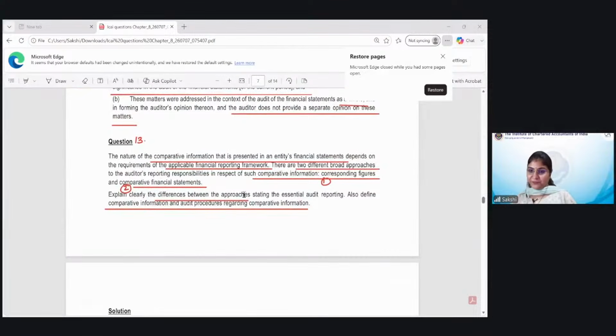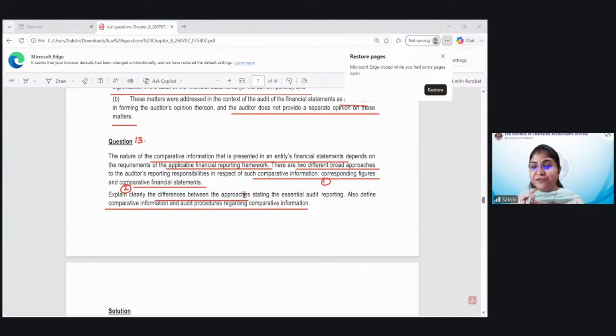Read the question. This question is with regard to your comparative information and corresponding figures. The nature of the comparative information that is presented in an entity's financial statement depends upon the requirement of applicable financial reporting framework.